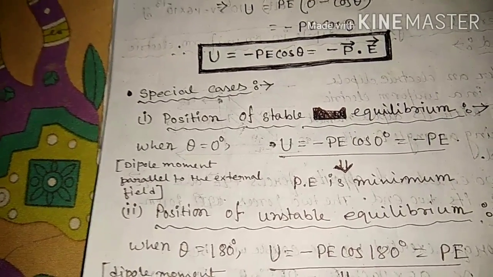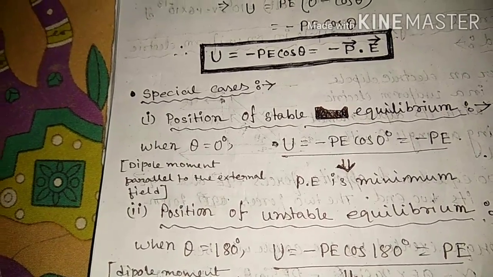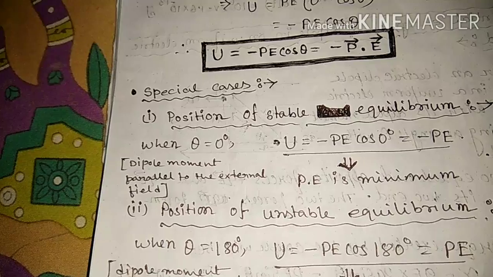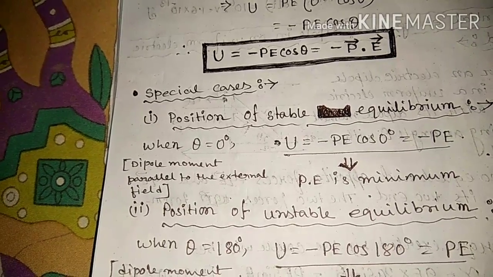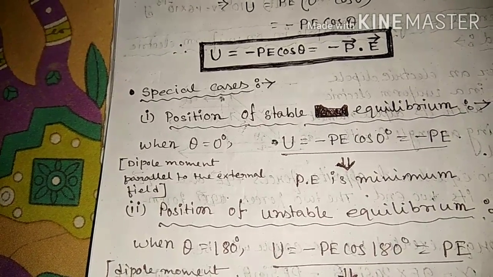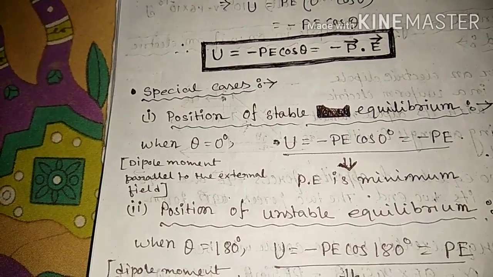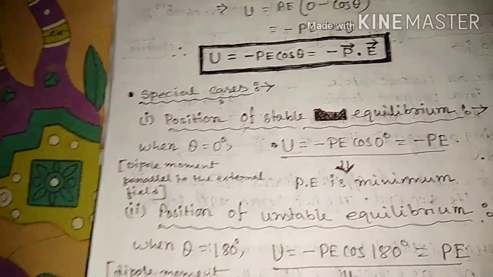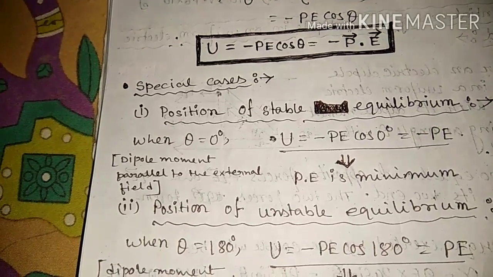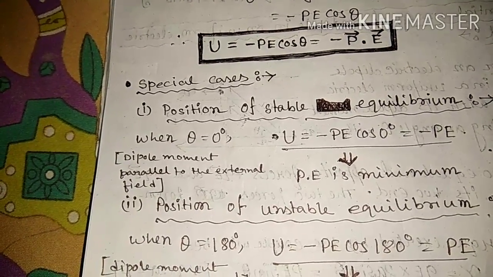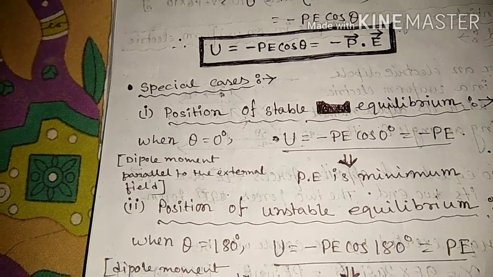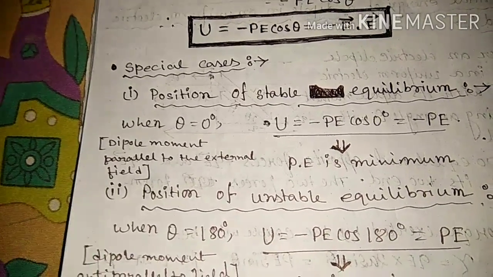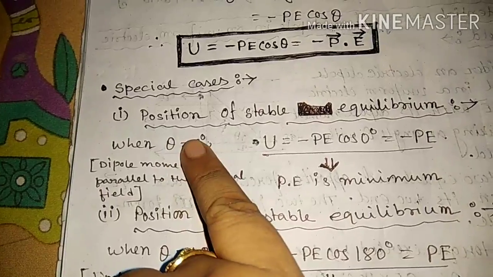When they are parallel, very little or no force acts on the charges, so no couple or torque is created. So this is a stable position, with no disturbance. That is possible when theta equals 0 degrees.